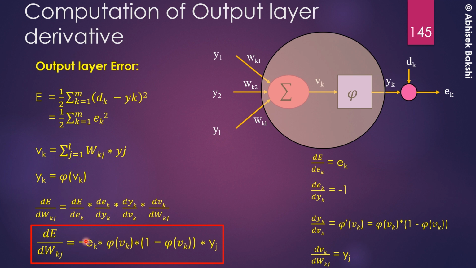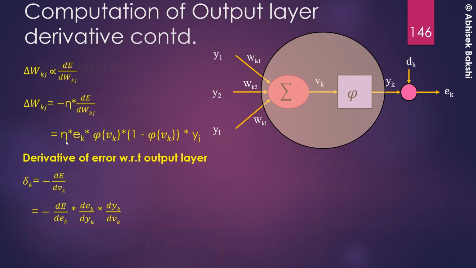That's why this negative and the negative eta will cancel each other, and it will be simply eta multiplied by this equation. So this is what we have calculated, the delta W, where W is basically the weight between the hidden and the output layer.